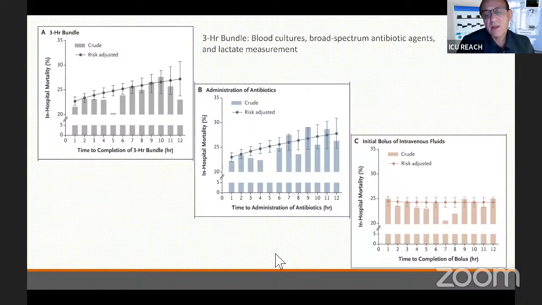I just briefly mentioned that conservative fluid management is to maintain neutral balance within the optimization phase and a negative balance for 2 consecutive days in the stabilization phase.